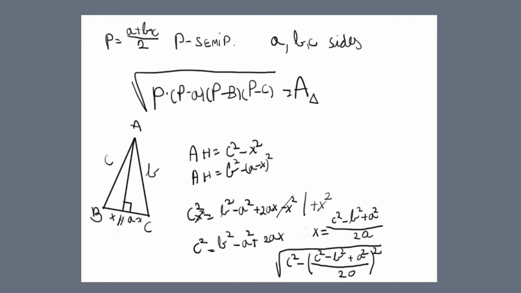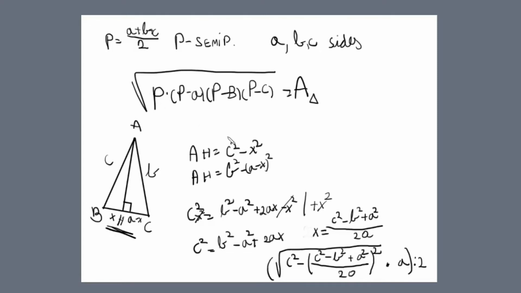Okay, so what we're going to do now in order to find out an alternative to Heron is actually pretty basic. We're going to take this and basically just multiply this by A, because it's this side, and divide everything by 2.